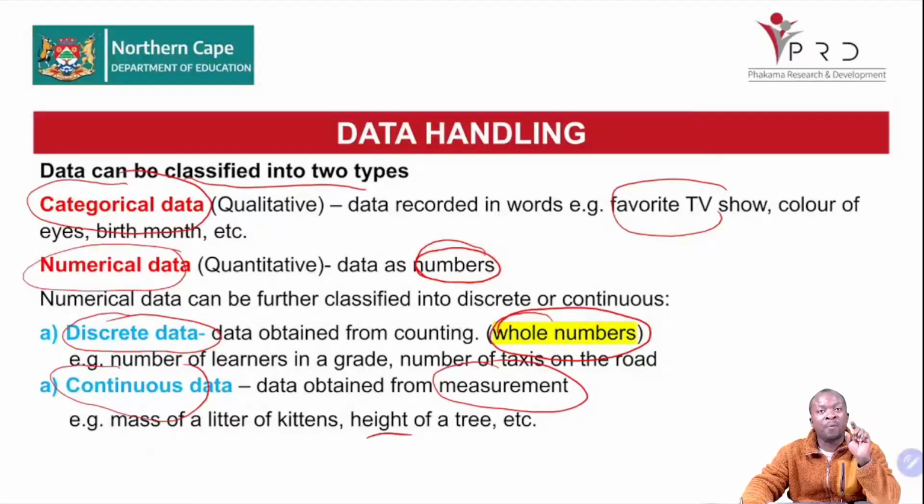Under the data, we have categorical and numerical. Categorical means you can sort, you can group it. Then when you come to numerical, it deals with numbers, but there are two types of numbers. We have what we call what? Discrete and continuous. How do you know the difference? Discrete, you can count as whole numbers. Continuous, you can measure. It contains decimals.